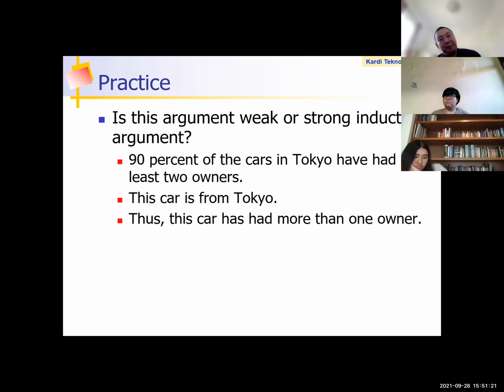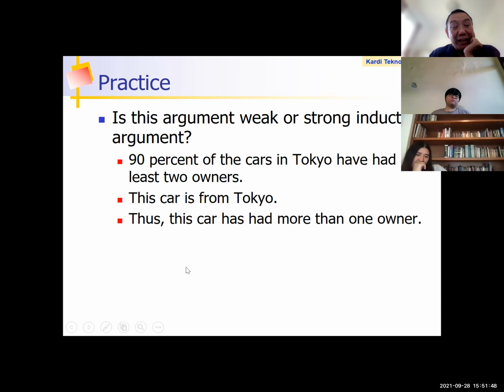How about this? Is this argument weak or strong? Strong. Why? Because 90%. Okay, right?